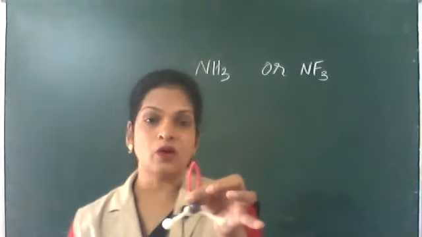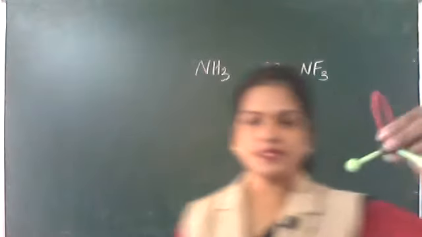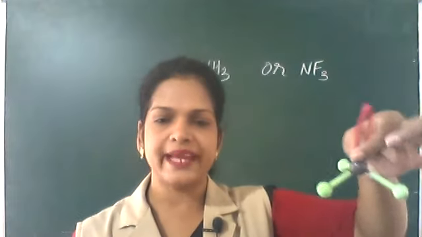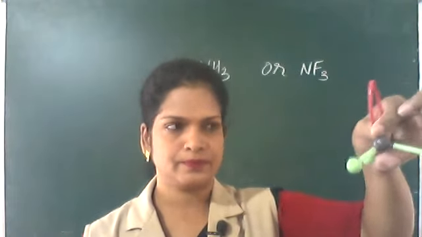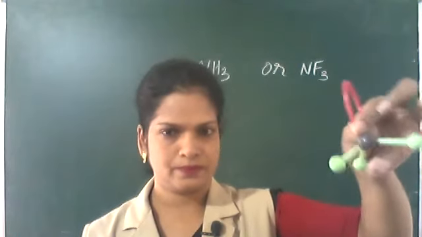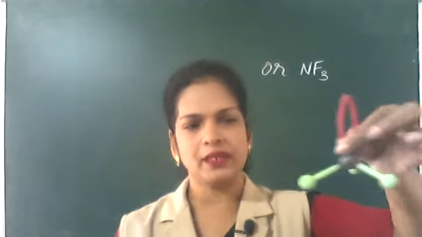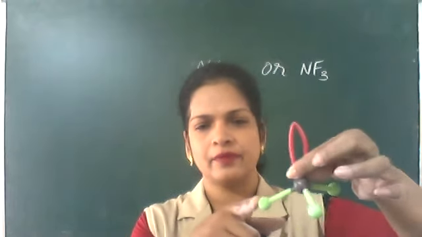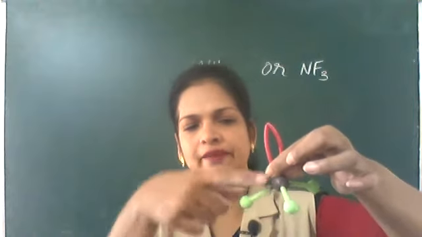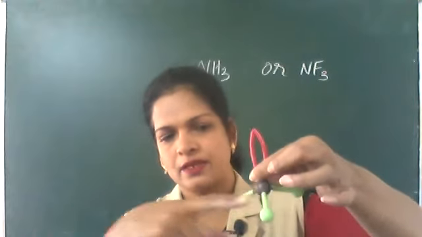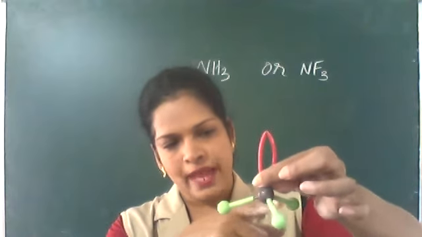Now, what about NF3? This is NF3. In NF3, fluorine is more electronegative. So dipole moment is in this direction, in this direction, in this direction.